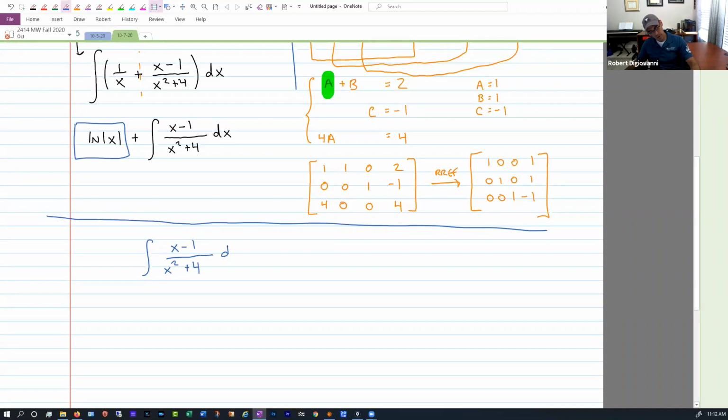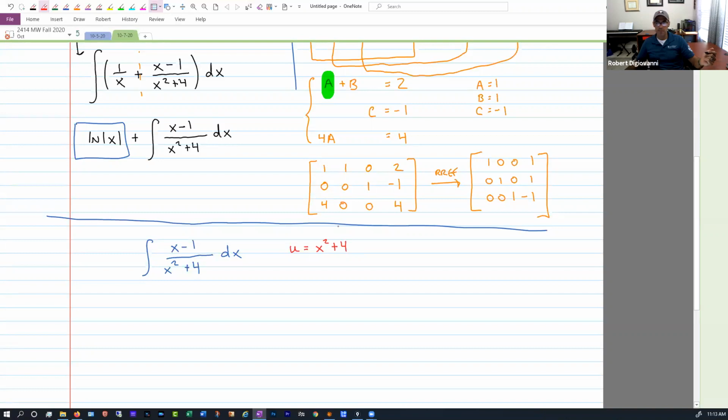Does anyone remember how I went about this? If we have a linear over an irreducible quadratic. This is where you multiplied by a 1. Yeah, we're going to try and make things look the way we want them to look. So we make a basic u substitution first, the denominator x squared plus 4.